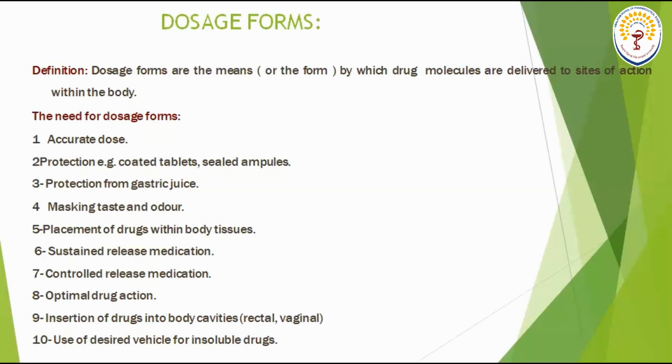So here the question arises, what is the need for dosage form? Why do we need to convert any drug into its dosage form? Some needs are: accurate dose, protection from gastric juice, masking taste and odor, placement of drug within body tissues, sustained release medicament, controlled release medicament, optimum drug action, insertion into body cavities, and use of desired vehicle for insoluble drug.